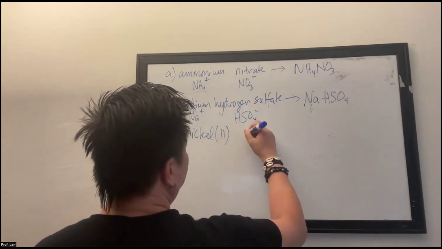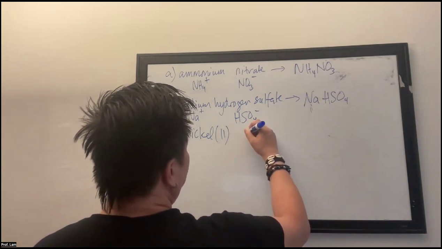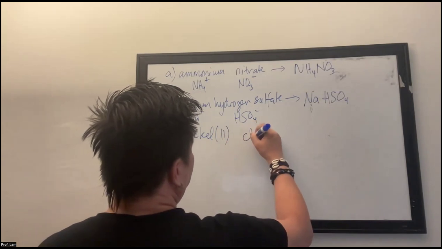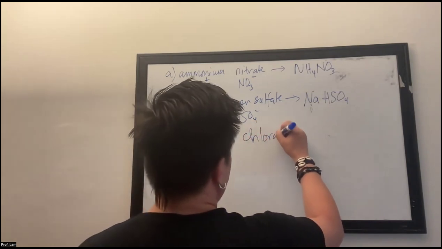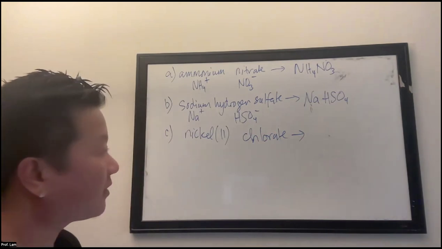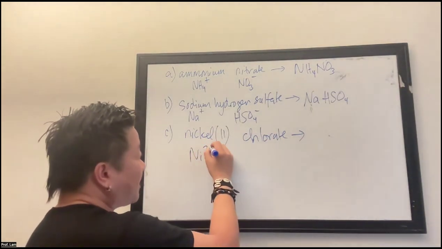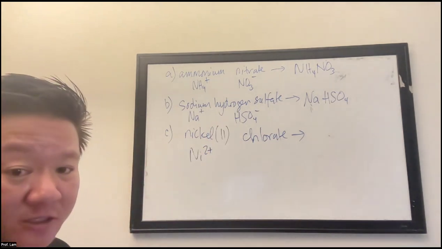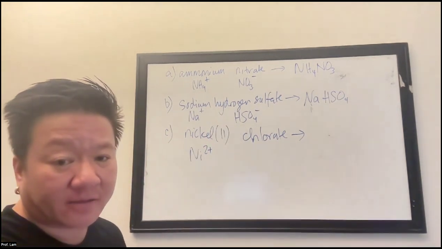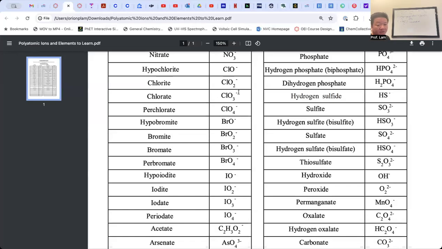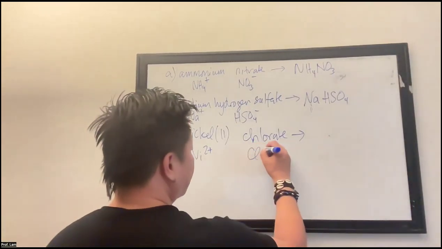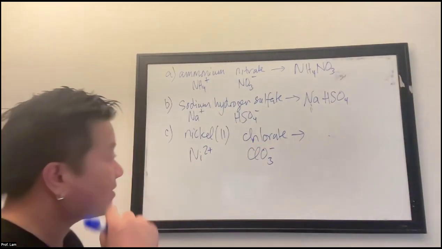Nickel 2 chlorate, let's say. Okay. So nickel, the 2 tells you that the nickel is 2 plus. Remember, that's what the Roman numeral does, right? Now, chlorate, let's go and look. Chlorate is ClO3 minus. Okay.